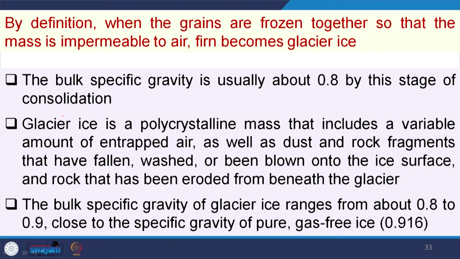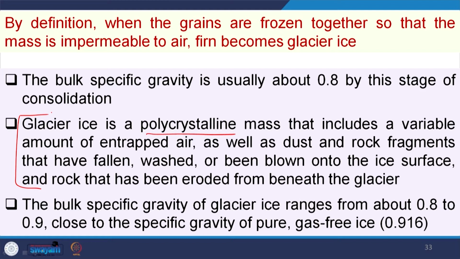Glacier ice is a polycrystalline mass that includes a variable amount of entrapped air as well as dust and rock fragments that have fallen, washed or been blown onto the ice surface, and rock that has been eroded from beneath these glaciers. So, here we have a material mixed with dust and rock fragments from below the glaciers or the ice sheet.